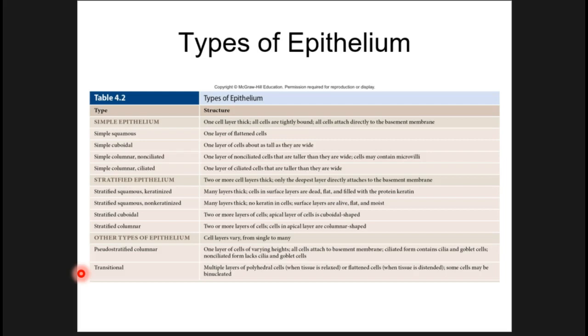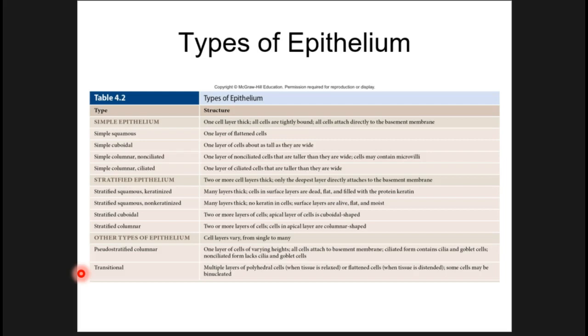Only in one place, urinary bladder. If you're looking at transitional epithelium, you're going to be in the urinary bladder. Possibly in the ureters, I think. So the thing about transitional epithelium, what makes it transitional, is your bladder has more than one state it's in. It can be empty or it can be full.